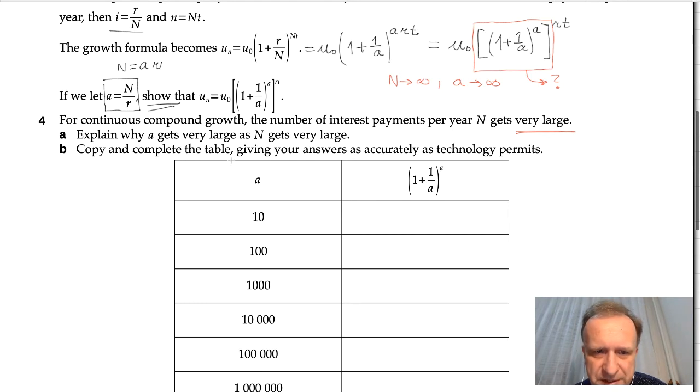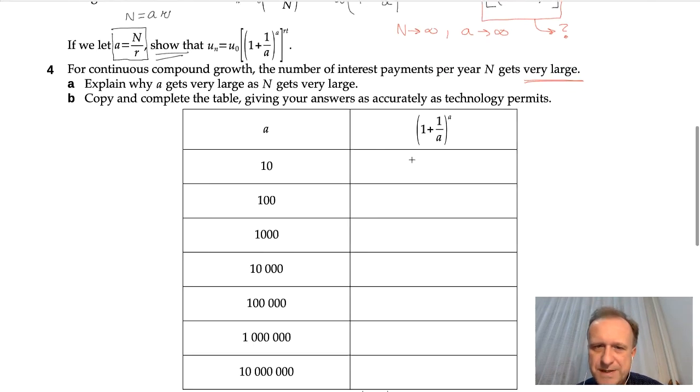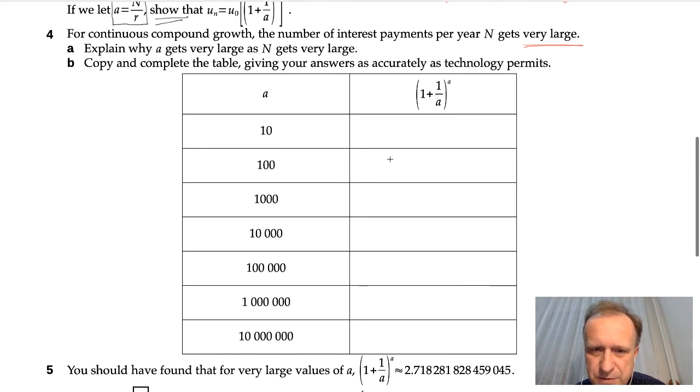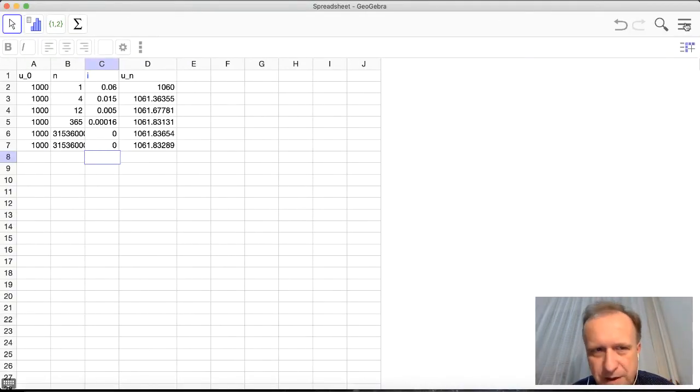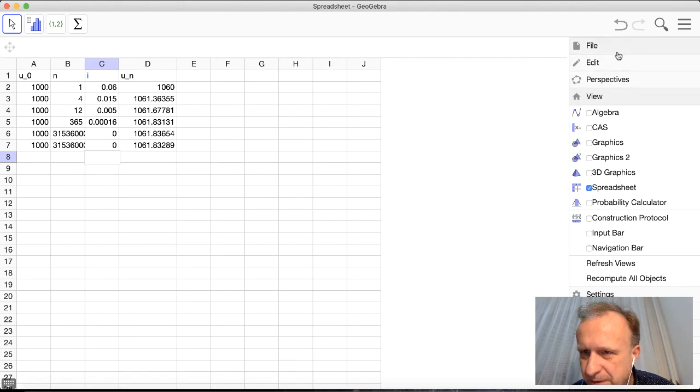Now, copy and complete the table giving your answers as accurately as technology admits. So again, this time I'm going to use GeoGebra to calculate this number for each of these values of a. So let me go back, and now let me choose a new file if possible.